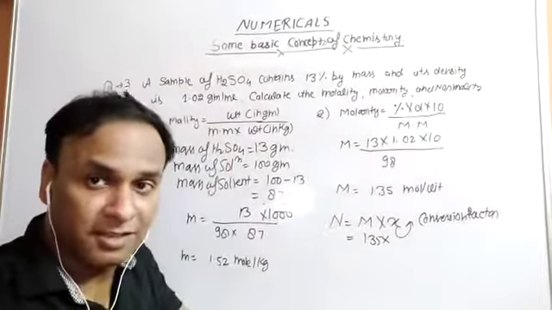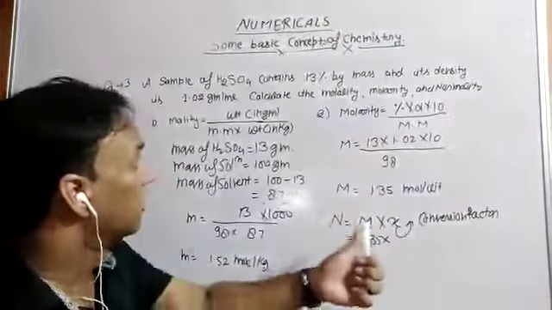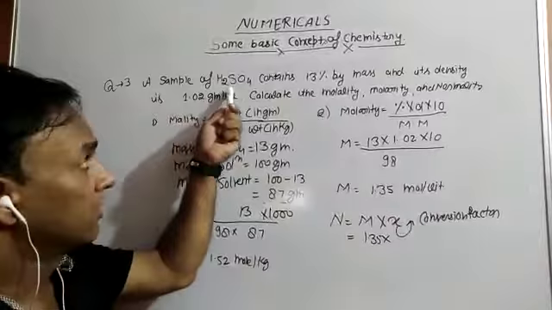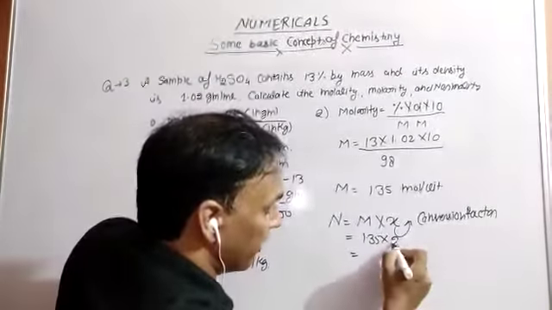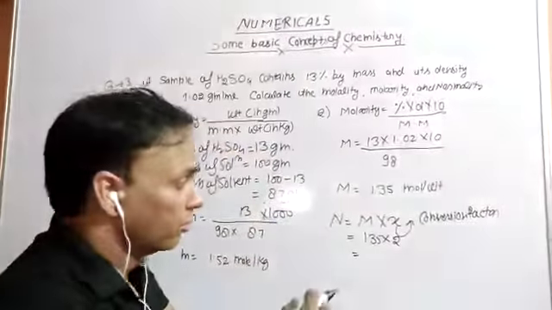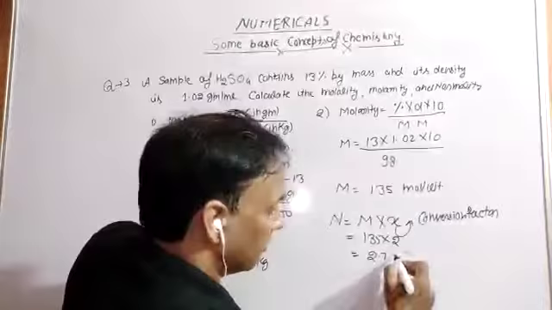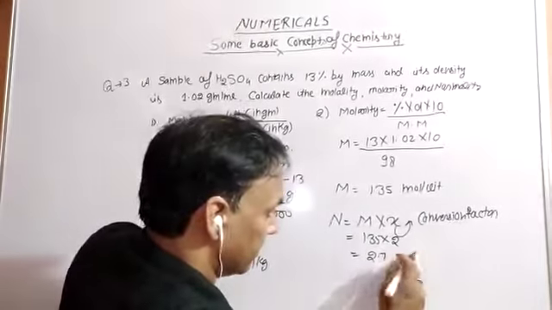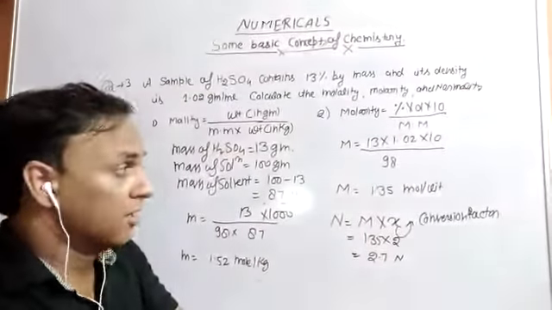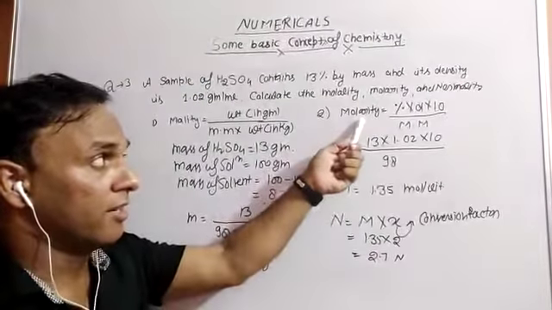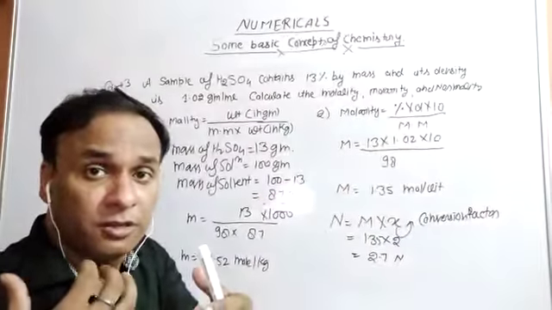In case of acids, the conversion factor is defined as the number of replaceable hydrogen, and in H2SO4 the number of replaceable hydrogen is 2. That means 1.35 into 2, that means 2.7 N.